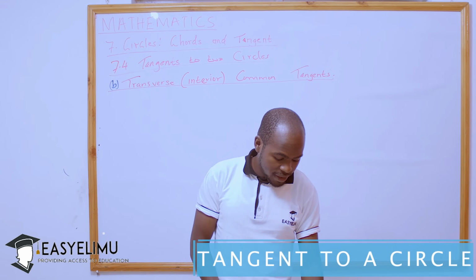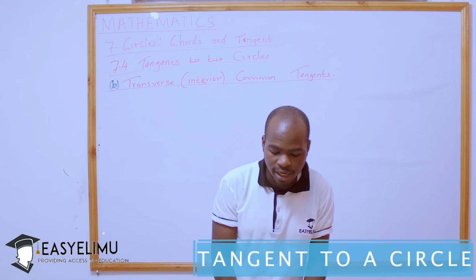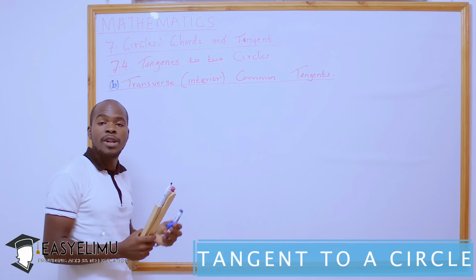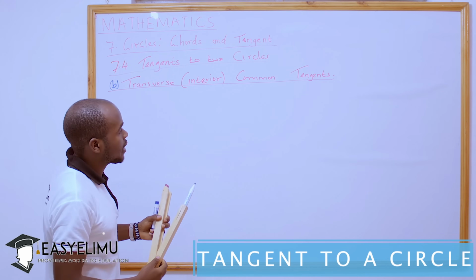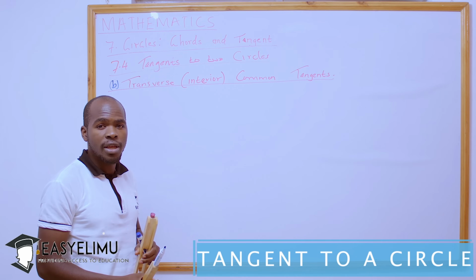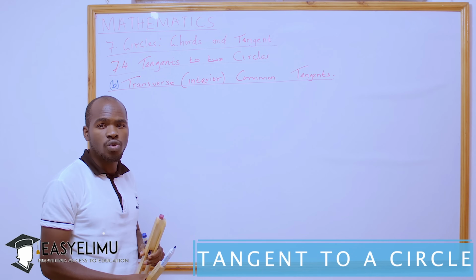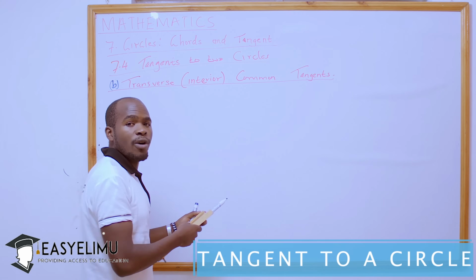Now let's see how we can find transverse or interior common tangents, and here we shall start with the circles. They may be of the same size or different size. I'll take two different sizes, for example, one with R1 and another one with R2, whereby let's construct and see.